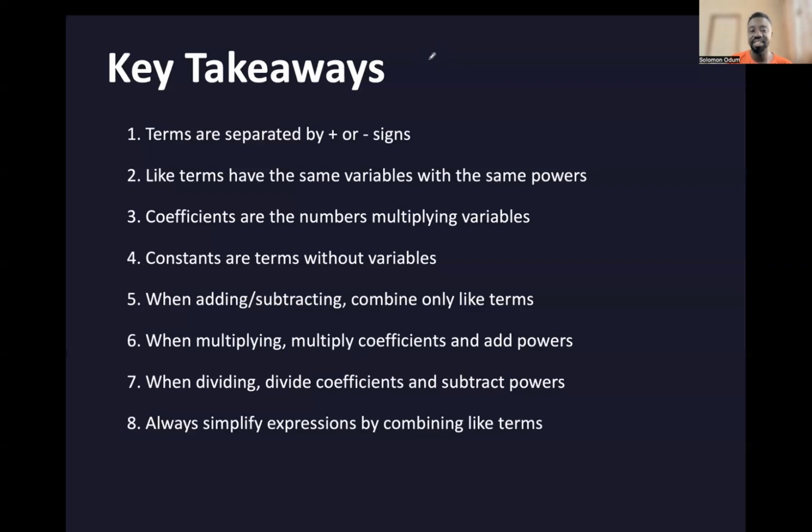So xy times xy: 1 times 1 is 1, x times x is x squared, and y times y is y squared, because we are adding the powers. So we get x squared y squared.